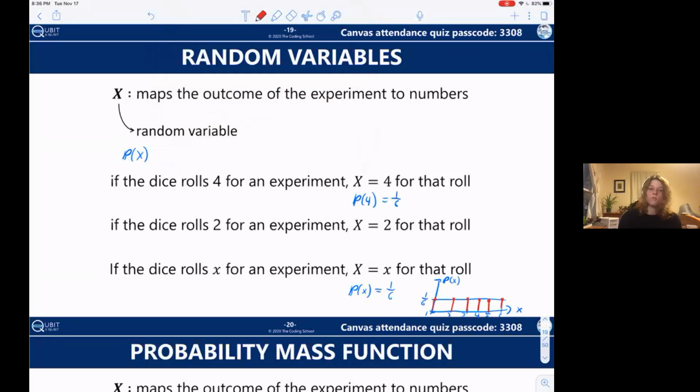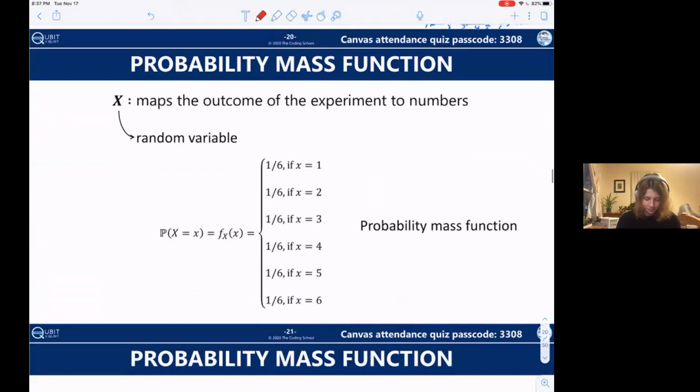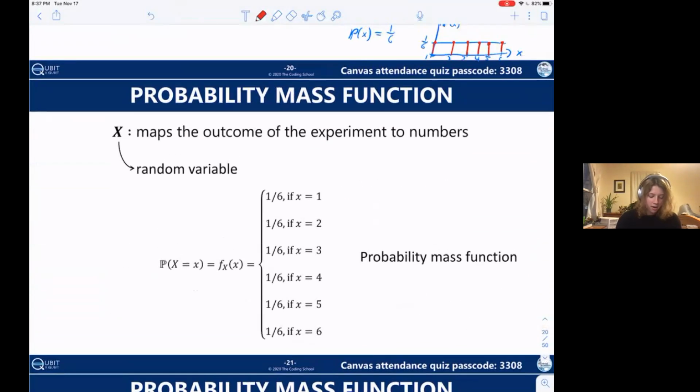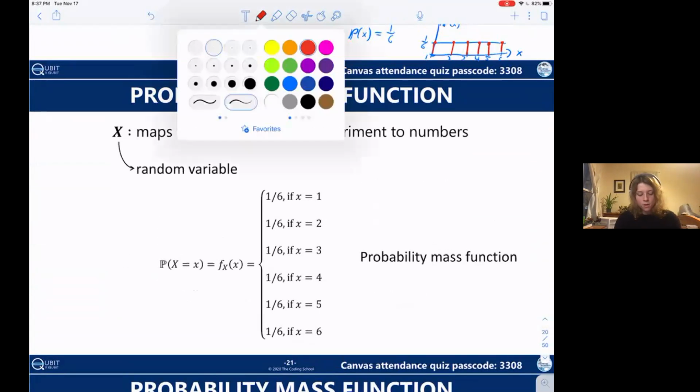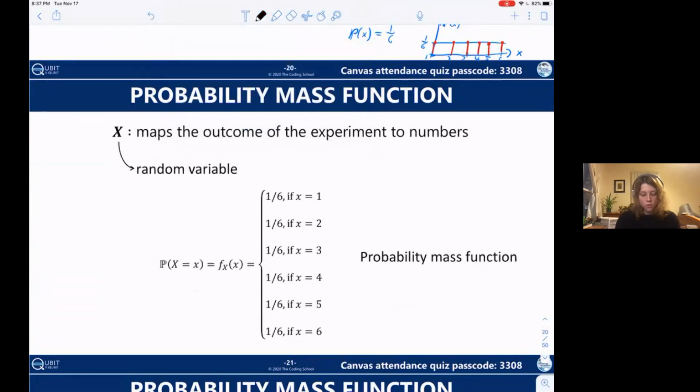We can also describe probabilities for continuous variables rather than just discrete variables, but that's a little less intuitive, and we won't have to deal with that right now. So here is our probability function written out. They call it the probability mass function, or the PMF. You'll see it written a lot if you look this up.